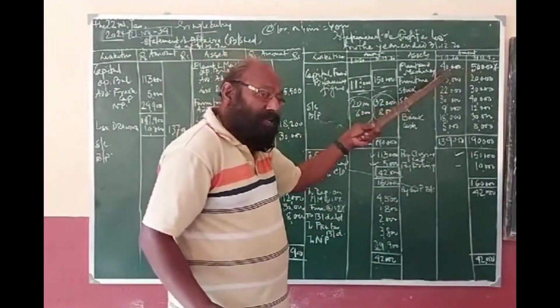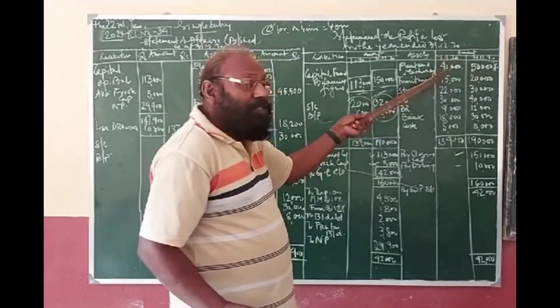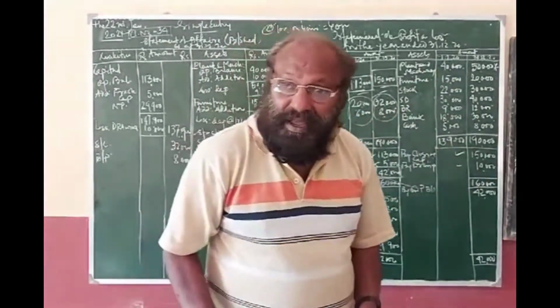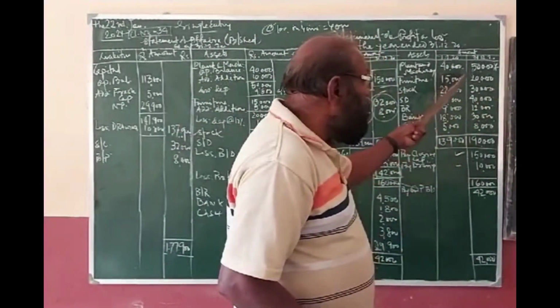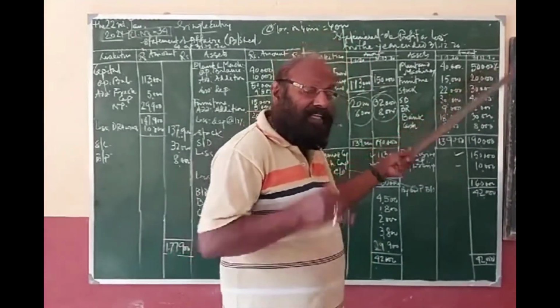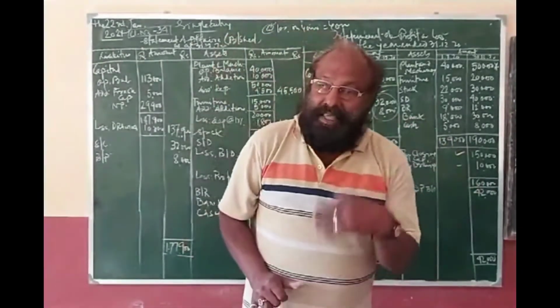50,000 means 40,000 opening and addition 10,000. So on 40,000 you should charge depreciation for the full year. Clear? And now, what do you think with regards to the other 10,000, that is the addition? There may be some assumptions.